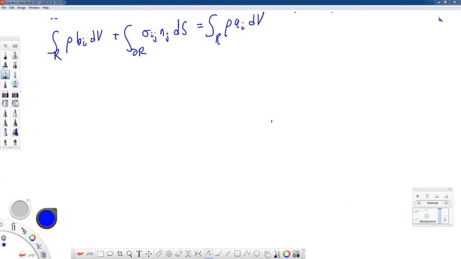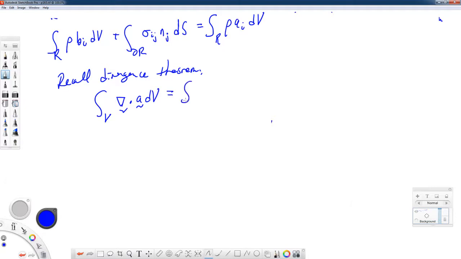If we remember the divergence theorem, in general, a volume integral in the form of del dot some vector or tensor A dV can be rewritten as a surface integral of A dot n dS. And if you look at the sigma ij nj, that is in the form of an A dot n.